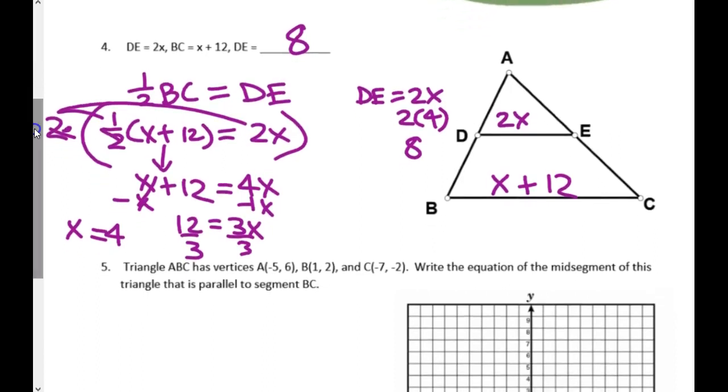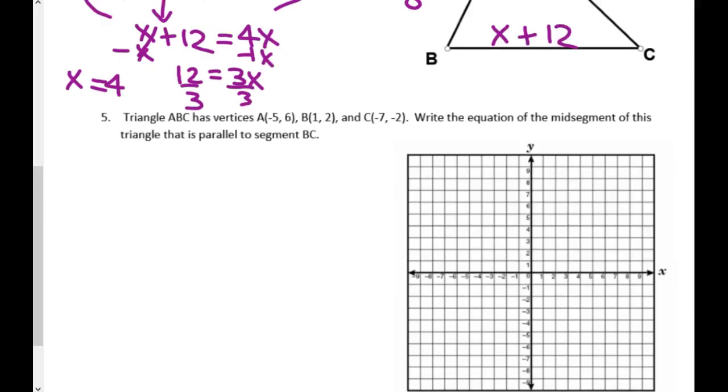And then on that last one, 5 says triangle ABC has vertices A, B, and C. Write the equation of the mid-segment of this triangle that is parallel to segment BC. So let's plot these points at -5, 6, 1, 2, and then -7, -2. Okay.